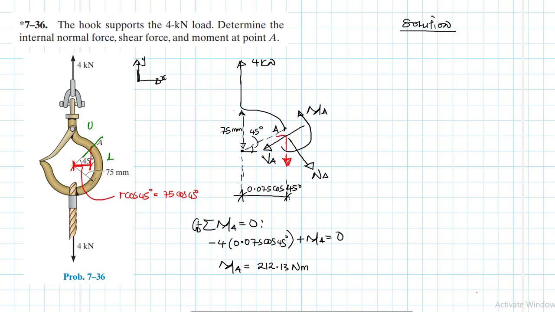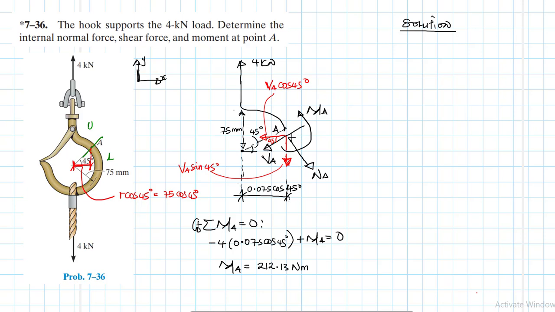Since we have 45 on one end, it doesn't matter which one we pick as our 45. Let's pick this one as our 45. So this one becomes VA cos 45, and then this one becomes VA sine 45.